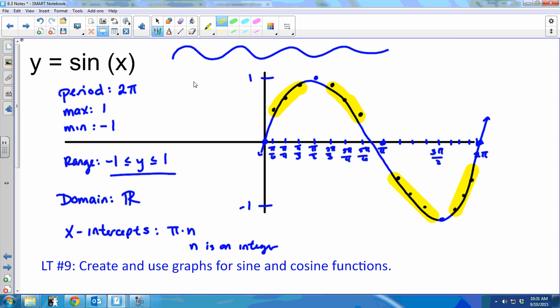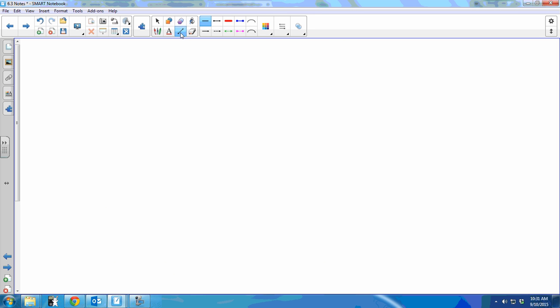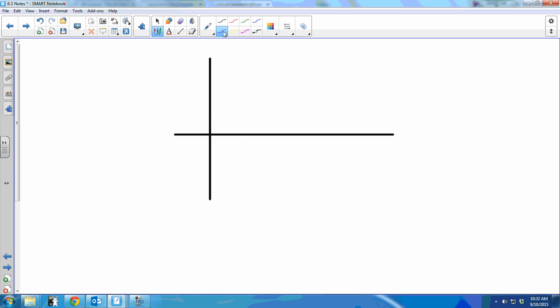All right? So if you asked me on any other day to graph this, I would have done the following. I would have 0, pi over 2, pi, 3 pi over 2, 2 pi, and that's what I would have graphed.